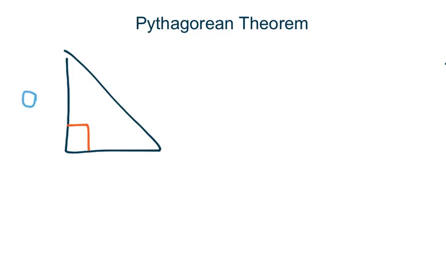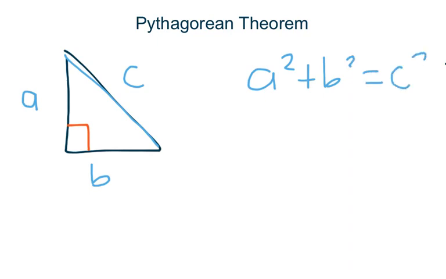Your 2 shorter sides are A and B, and then your longer side, which is right here, is C, which is also called your hypotenuse. So A and B are called your legs, not really sure why, and then C is your hypotenuse, which is your longest side. And then your formula that you're going to always use is A squared plus B squared equals C squared. Okay? That's really important to remember, so make sure you're writing it down as often as you can so you can get to memorizing it.